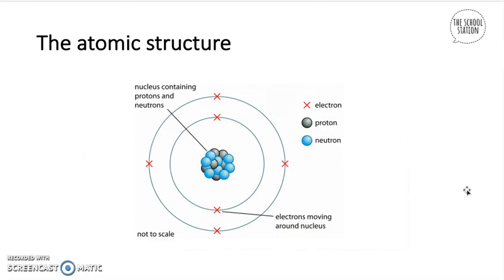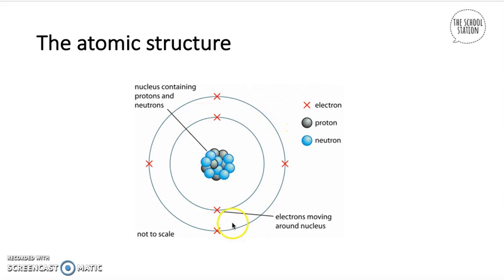And last of all, I want to briefly go through the atomic structure. As I said, the atom is the smallest part of an element, and I wanted to show you what is actually inside the atom and how it looks inside. An atom has a nucleus in the middle, and this nucleus has protons and neutrons. The proton has a positive charge and the neutron has a negative charge.